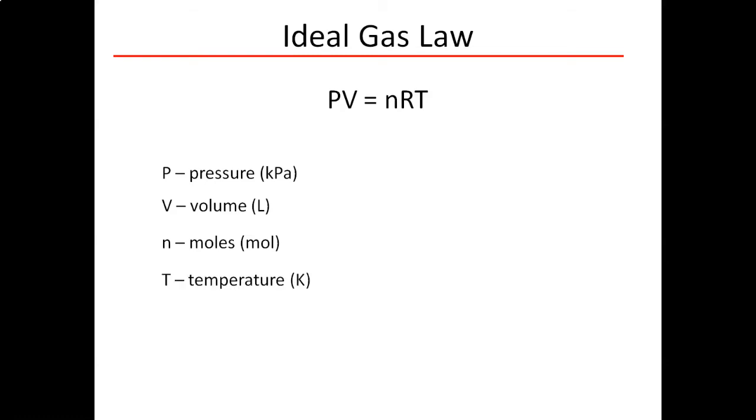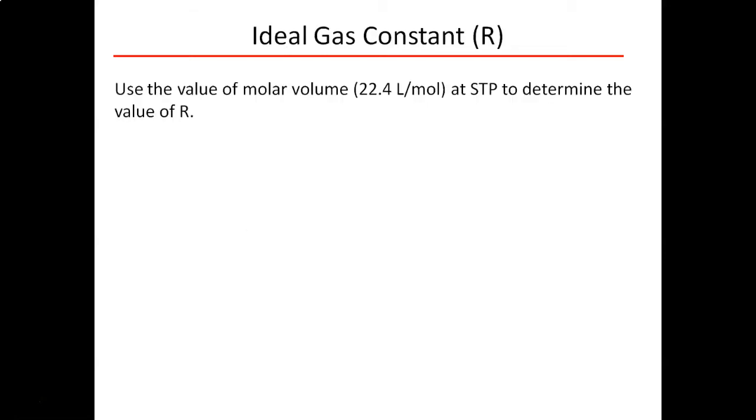So the question is, what is our R and its value? Well, R is called our ideal gas law constant, but to be in the equation, it has to have a value. Otherwise, it would never cancel out. We can use a relationship that we know to solve for R. Because of our definition of molar volume, we know that any gas occupies 22.4 liters per mole at STP.